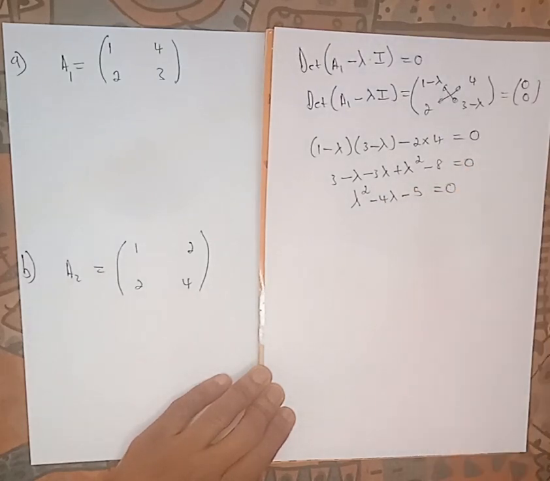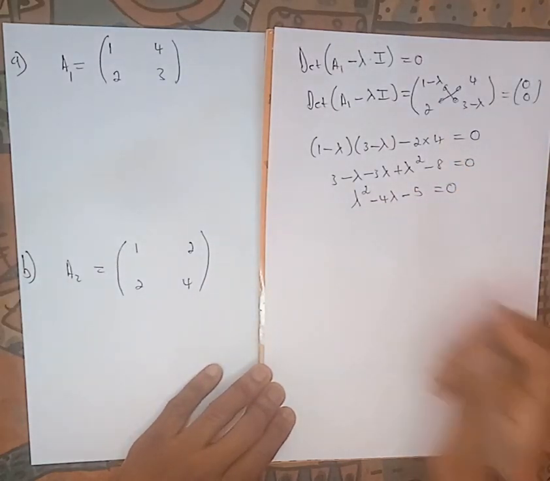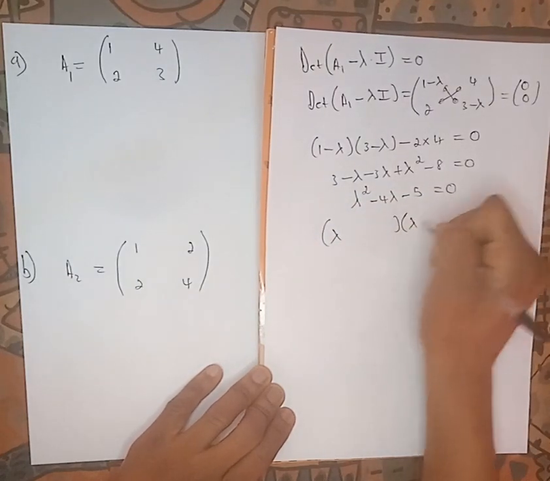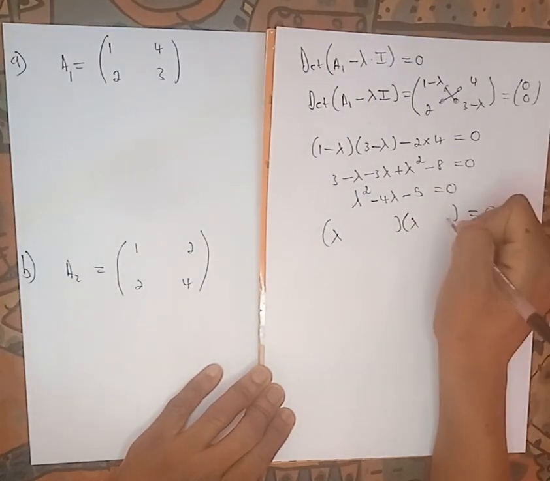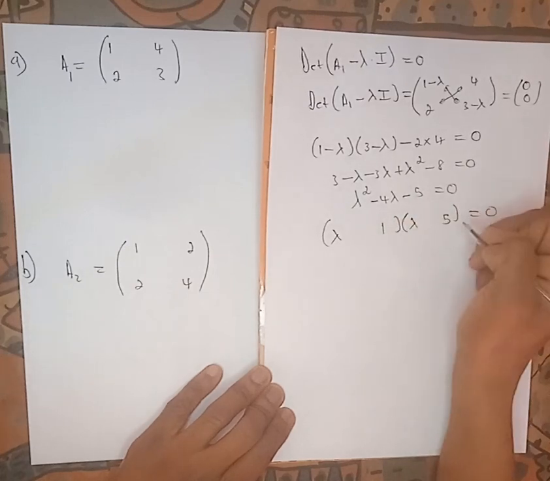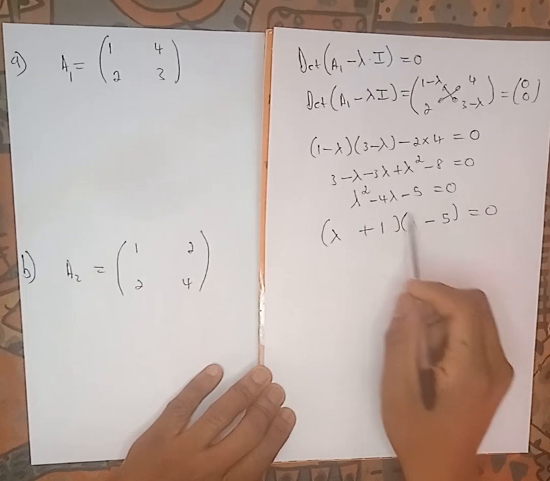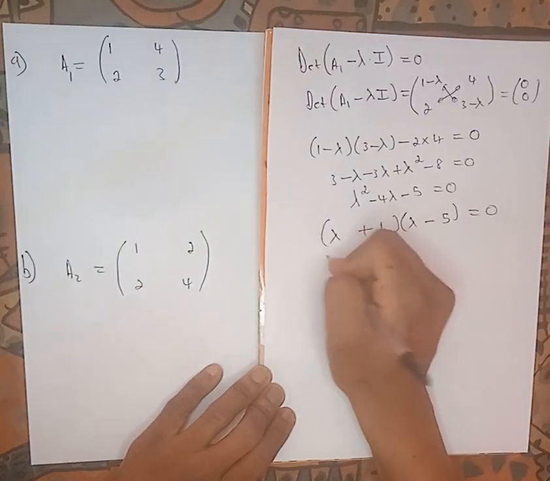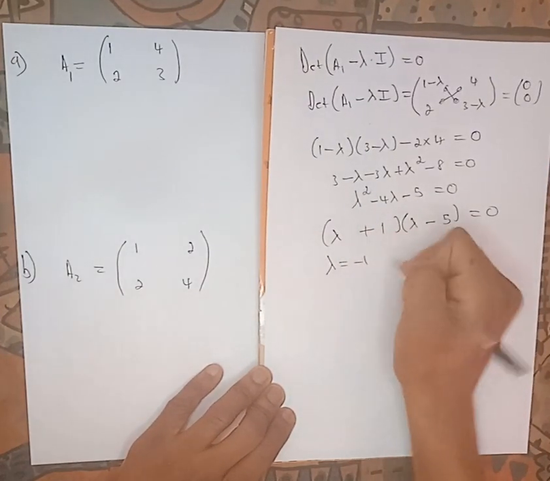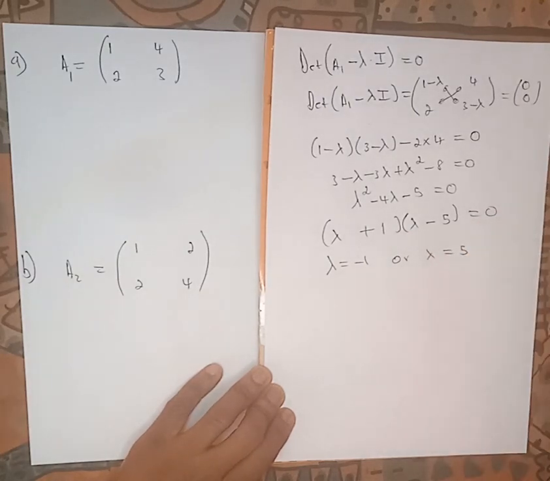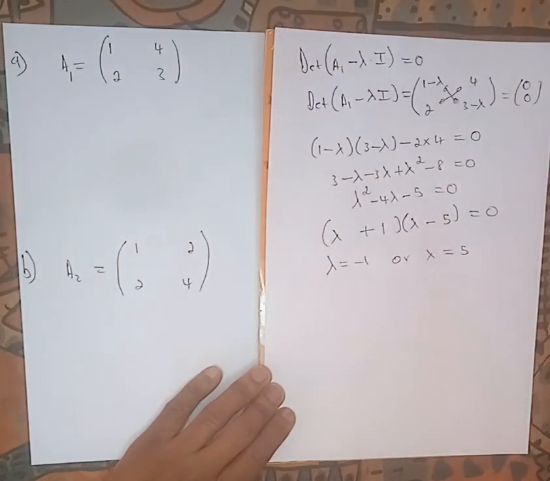And this all goes to 0. So my lambda will be 5 and 1. But if I subtract here and I plus here, then when we expand, we will get this. So my lambda will be minus 1 or my lambda will be 5. So these are the values for lambda.